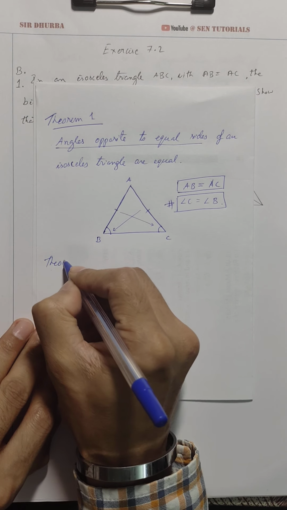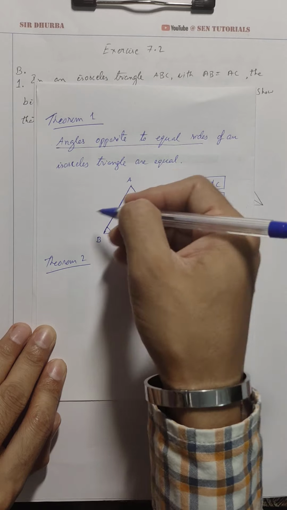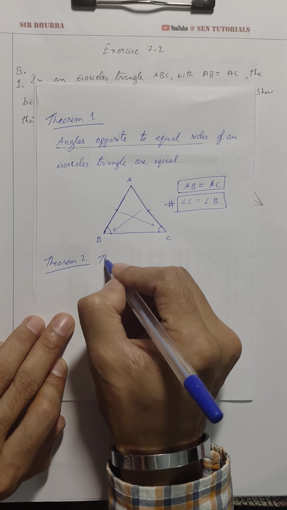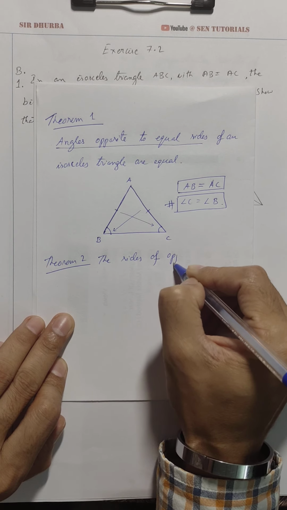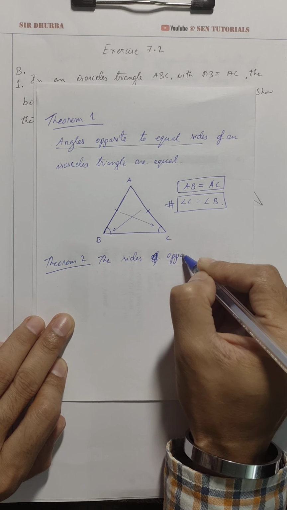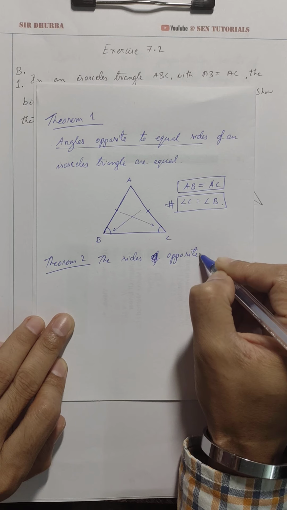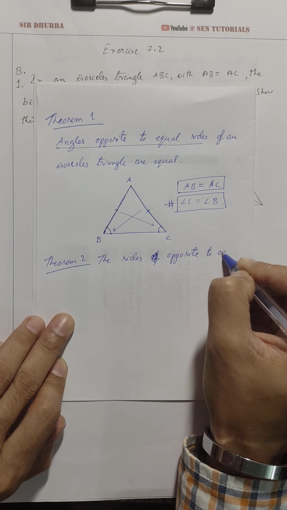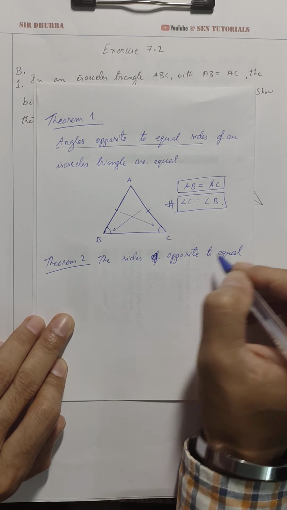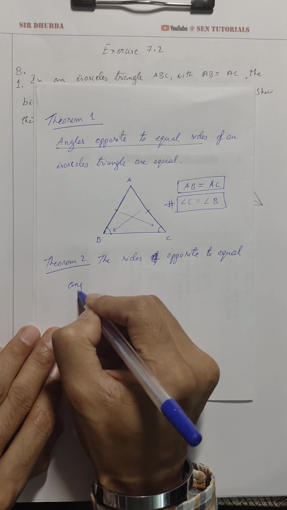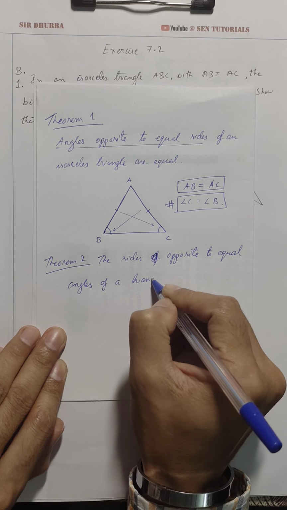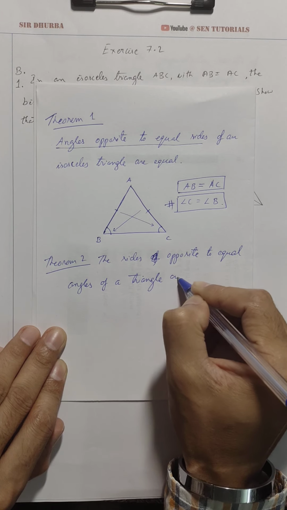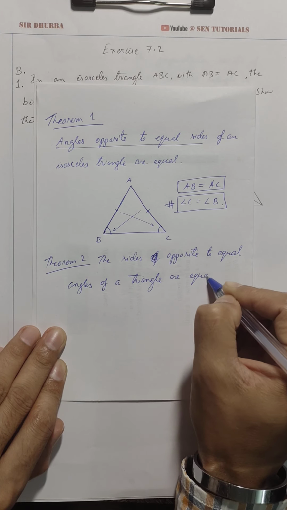Then the second one is just the vice versa, the converse of this particular theorem, that states the sides opposite to equal angles of a triangle are equal.